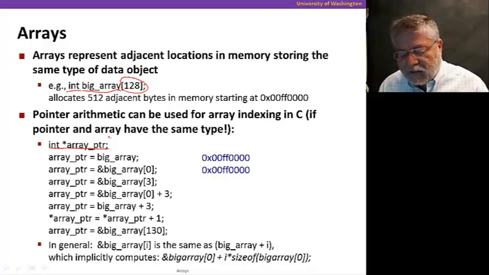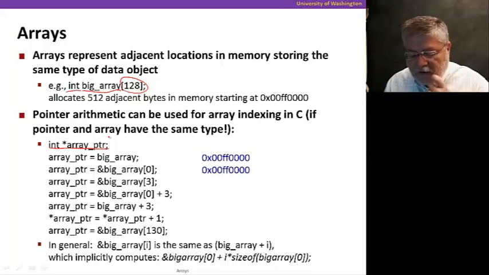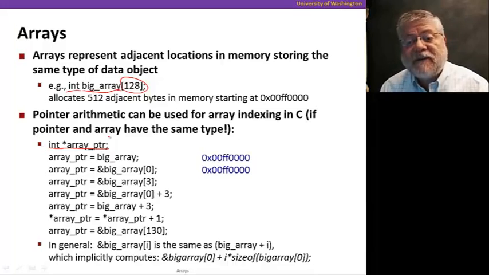You'll notice in this case what I've said is go to the 0th element of the array, the first one, and get me its address by using the ampersand. So of course that will be the same address. In the next case, I have now used an index of 3. That really corresponds to the fourth integer in the array. There's one at index 0, one at index 1, one at index 2, and the fourth one at index 3.